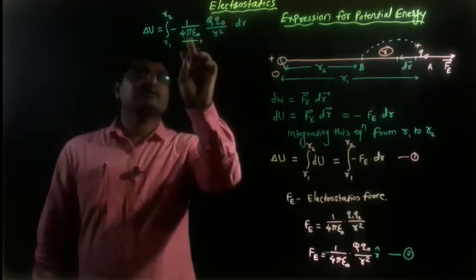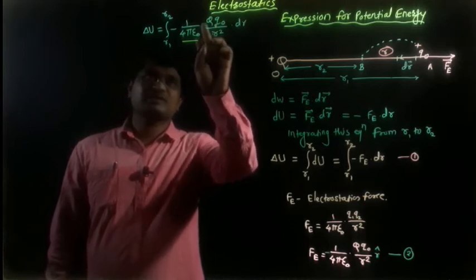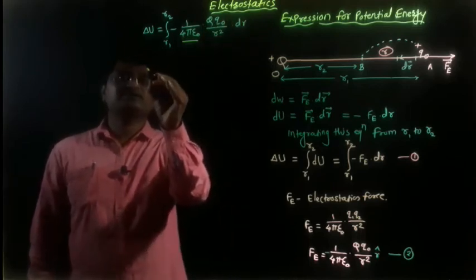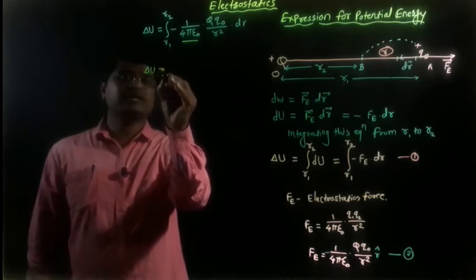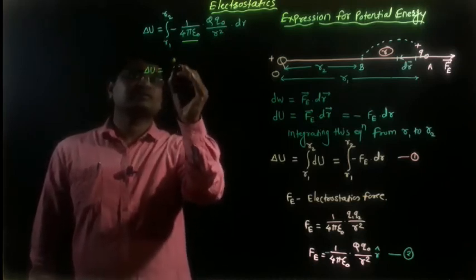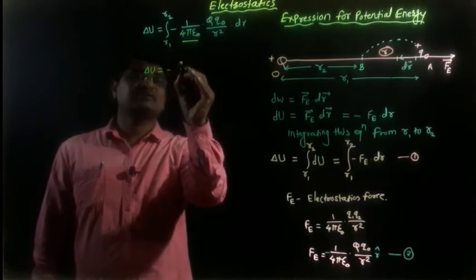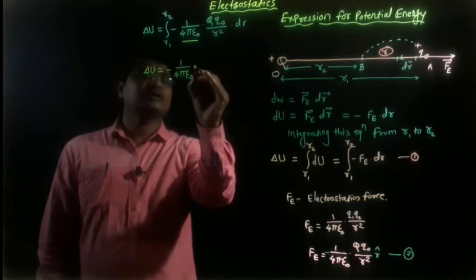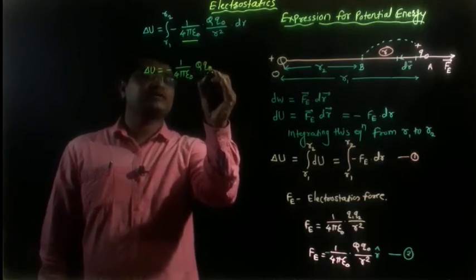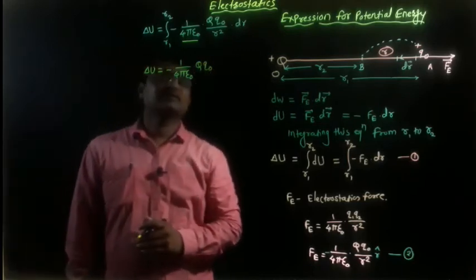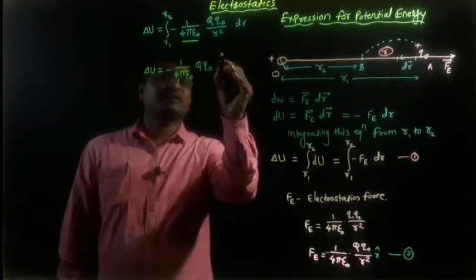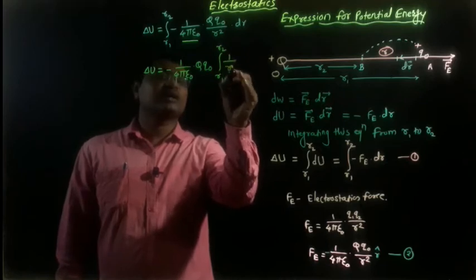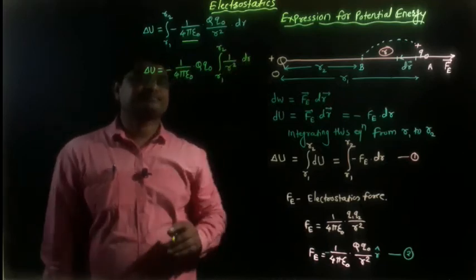It means that 1 upon 4 pi epsilon naught is constant, and Q and Q naught are also constant, so the constants come outside the integral. So the change in potential energy is equal to minus 1 upon 4 pi epsilon naught into capital Q and Q naught, constants outside, and in the integral remaining is the integration from r1 to r2 of 1 upon r square into dr.